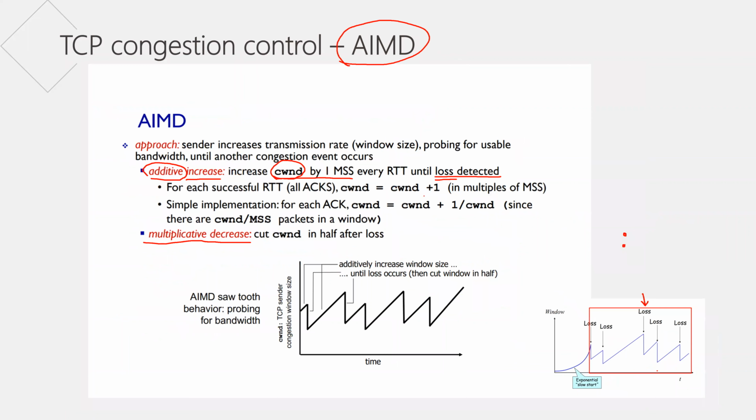Like here, with the AIMD method, it increases 1 at a time, right? So it increases slower. I think there are 2 reasons. First one is we don't want to reach the loss point events too often. If we keep multiplying the packet number by 2, we will always reach the loss event.